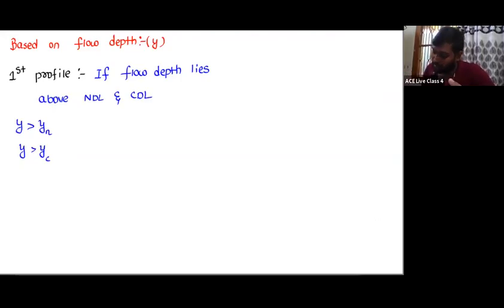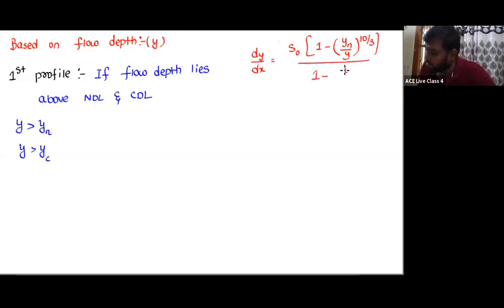Now, write down the dy by dx equation. dy by dx is equal to S naught into (1 minus (Yn by Y) to the power of 10 by 3) by (1 minus (Yc by Y) whole cube).